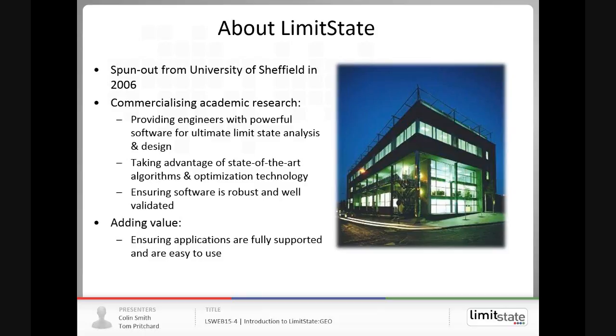Now, of course, as industry users, you want not only powerful tools, but also ease of use and full support. And that's what LimitState can provide on top of the academic research tools. The company also has sophisticated testing systems in place, which means every time the software is changed, almost 1,000 tests are automatically run to make sure that it carries on doing what it's supposed to do.